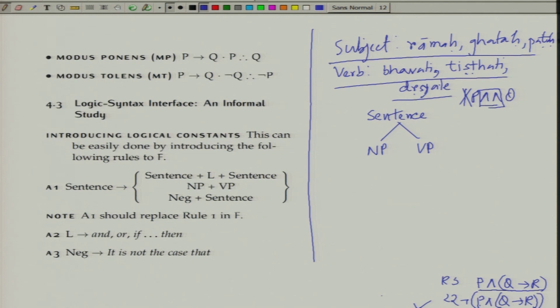That rule is already there. But we can say there is another option. A sentence also could be split this way. It could give you another sentence, an L, and another sentence. So one sentence is split into three parts.